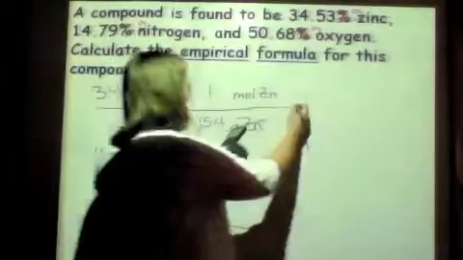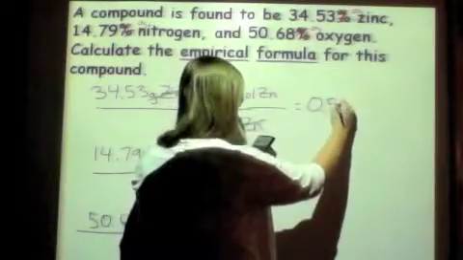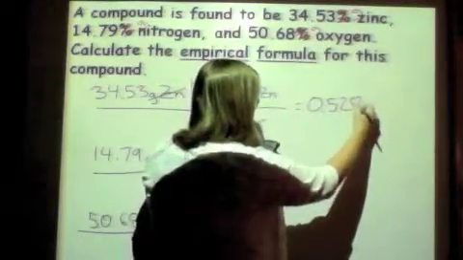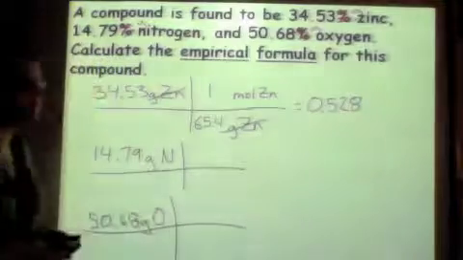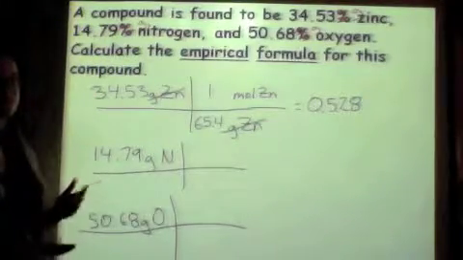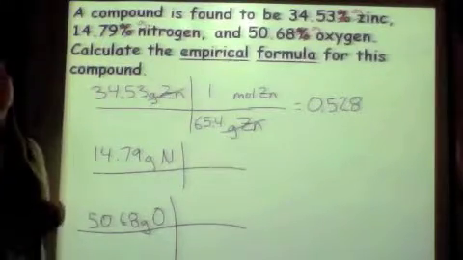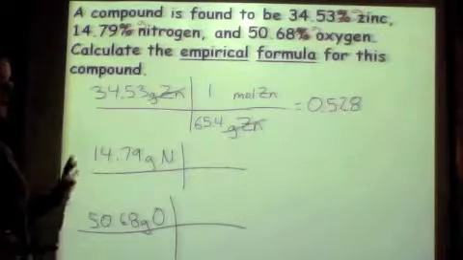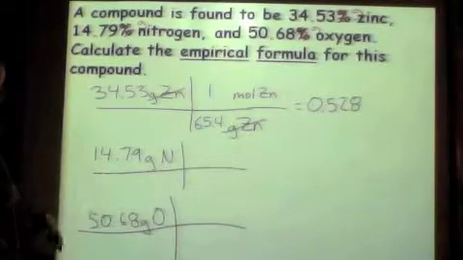And you should get 0.528. Now we're not doing sig figs here. You can go as far as you want at this point because you're not going to get a numerical value for your final answer. So go as many decimal places as you want.